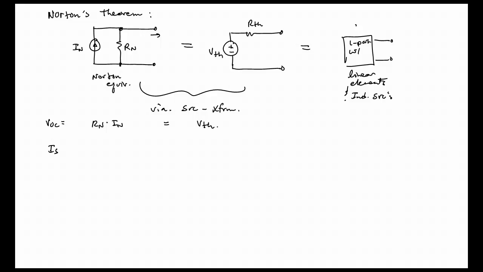The short circuit current on the left for the Norton is going to be just In, because when you short across here, you've got a current division, but you've got infinite conductivity, so all the current will go through that short rather than Rn. And that is equal to V Thevenin over R Thevenin. So therefore you can relate these.